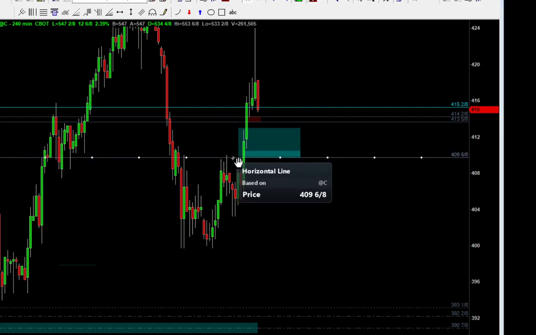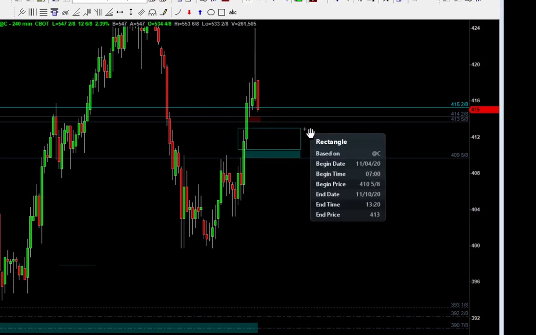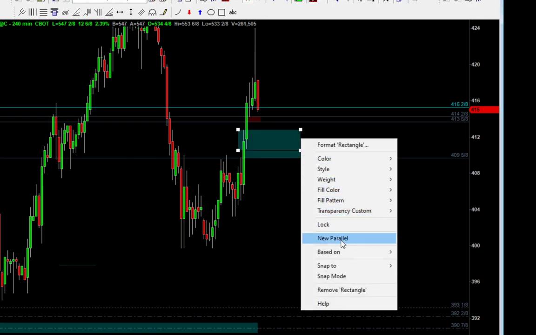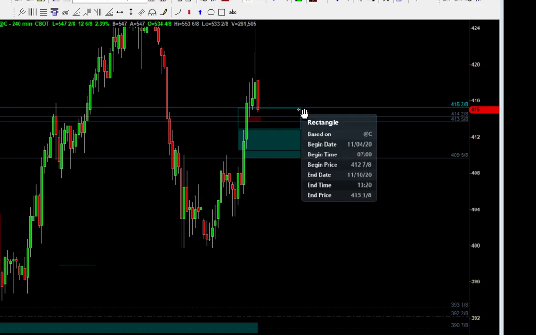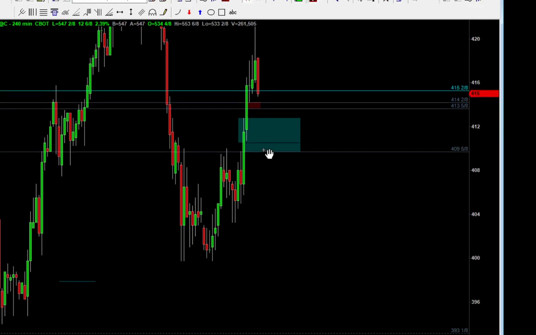Whereas my other target could be, you know, without this. My other target would be right here. Just like that. My other target would be here at that actual target that I just created for the sniper zone. That's how I'd take it.